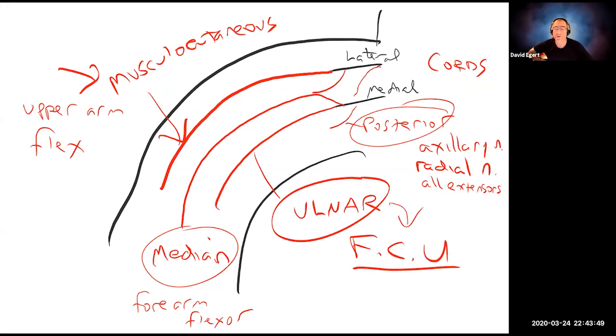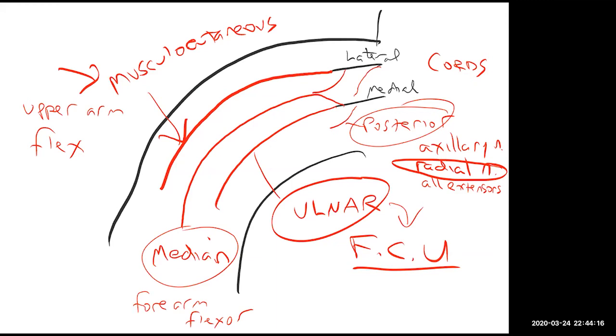In general, though, it's doing all the extensors. So the radial nerve, anytime you saw a sticker on any of the extensor muscles, either on the upper or lower arm, it's pretty much going to be from the radial nerve. So that is the brachial plexus. Are there any questions about the brachial plexus?